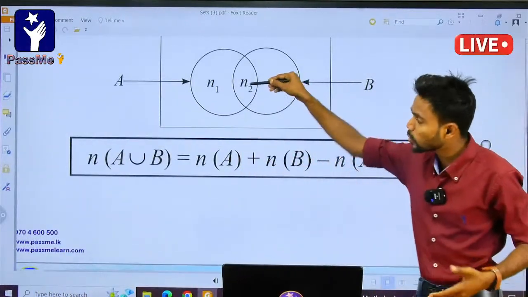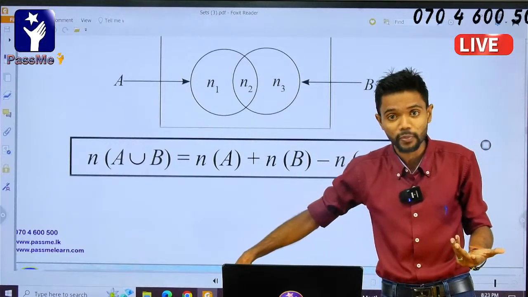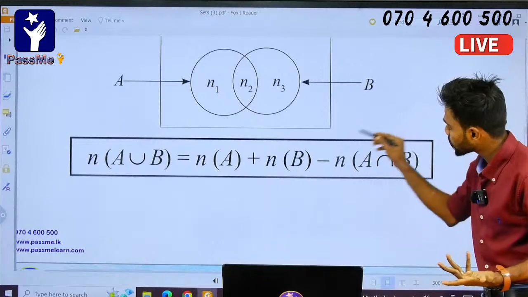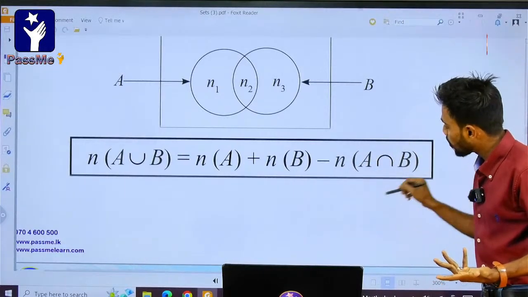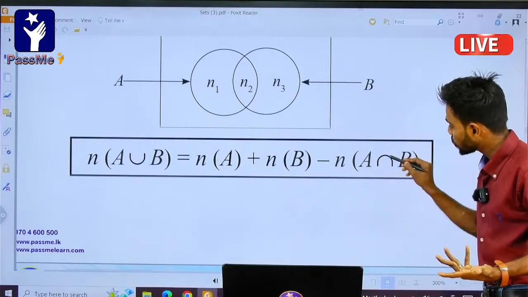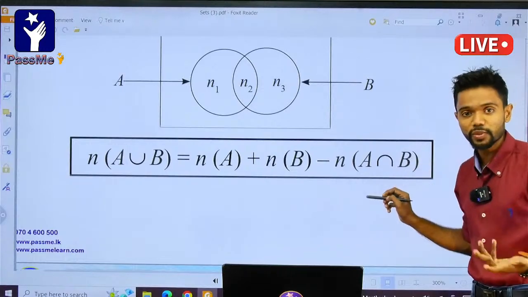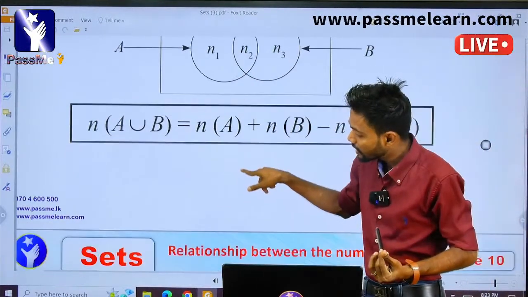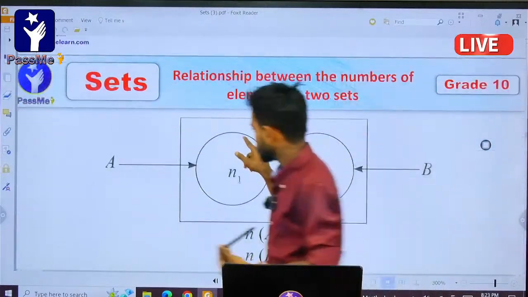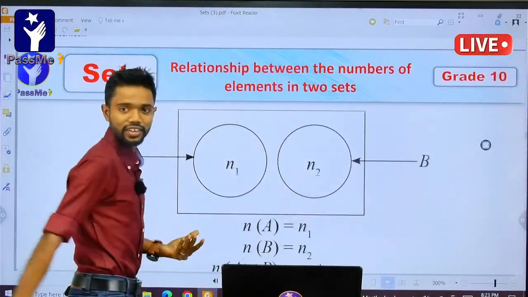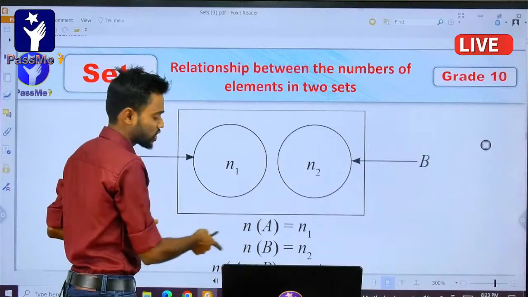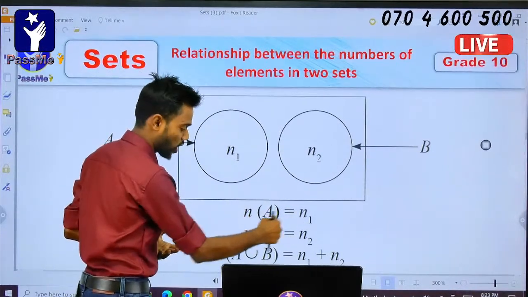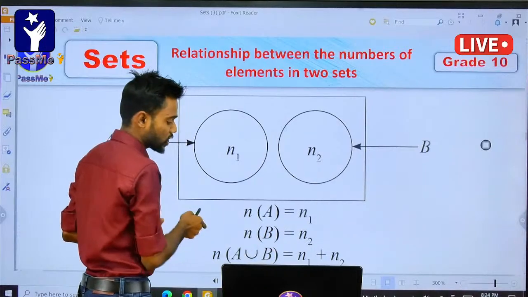That means n2 is not visible in the following equation, because there is no common region. n(A intersect B) is going to be 0. If you refer to this Venn diagram, there is no common region. So n(A) is n1, the number of elements of set A, and n(B) is n2, the number of elements of set B.